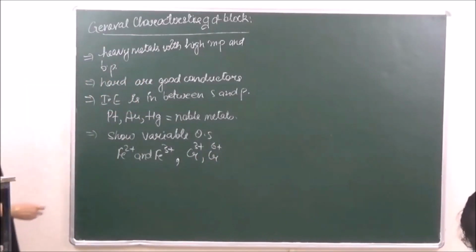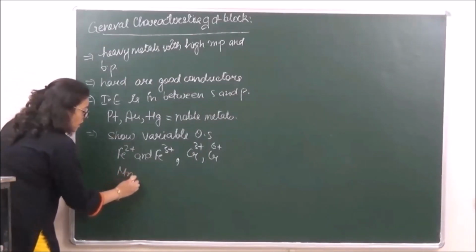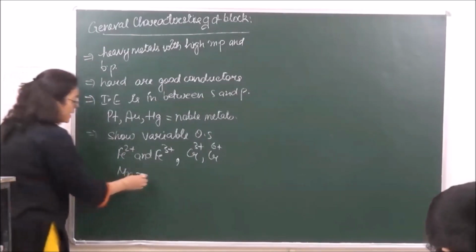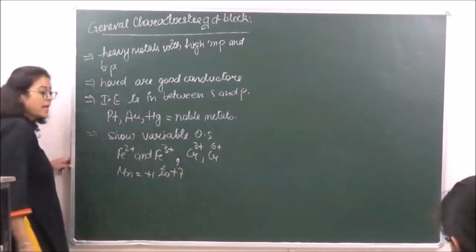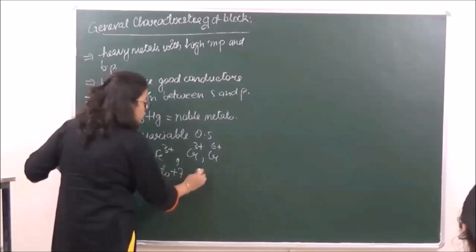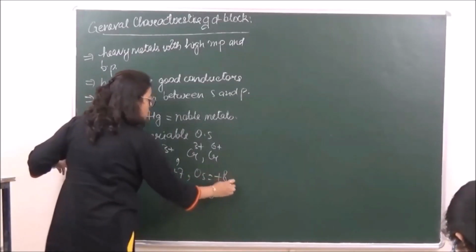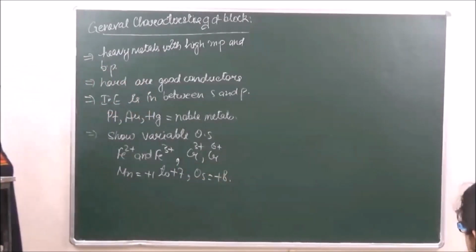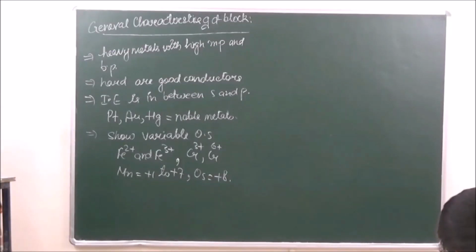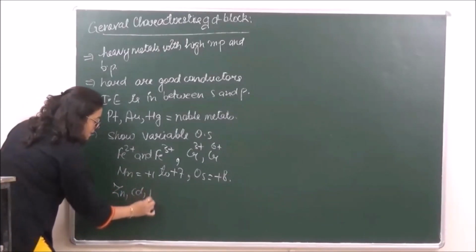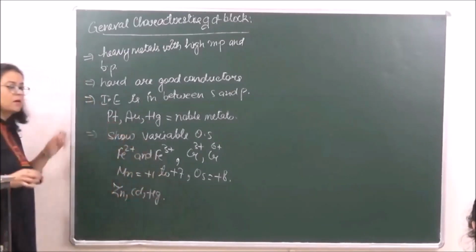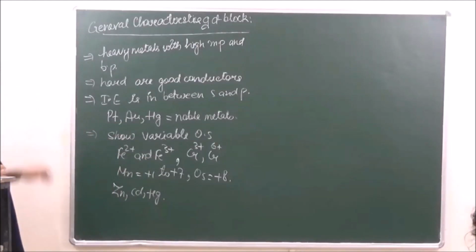Manganese shows right from +1 oxidation state to +7 oxidation state, and osmium shows the highest oxidation state of +8. So they all show variable oxidation states except for zinc, cadmium and mercury, which do not show variable oxidation state due to fully filled d orbitals.